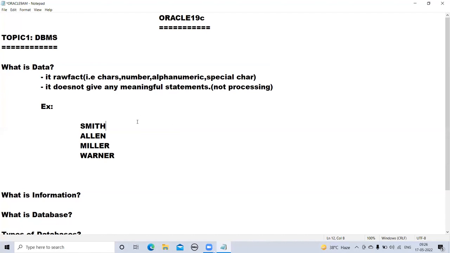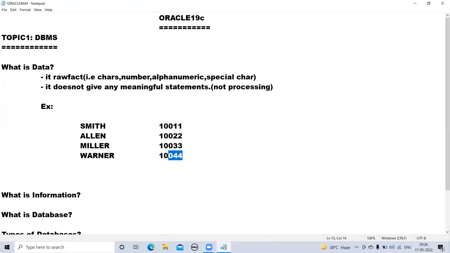In the same pattern, guys, suppose I take some numbers. These are called numbers, but what do these numbers belong to?